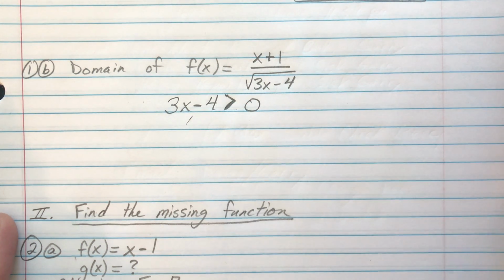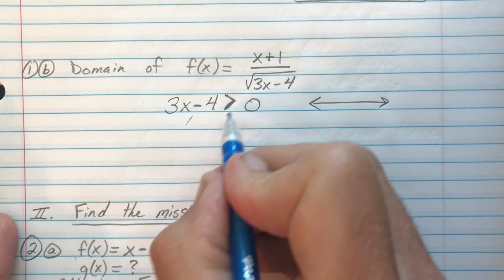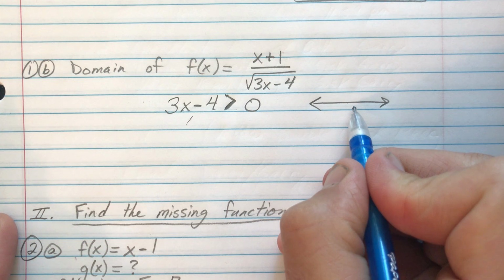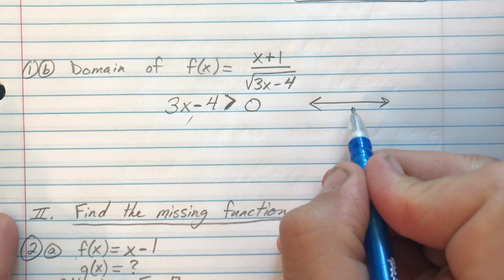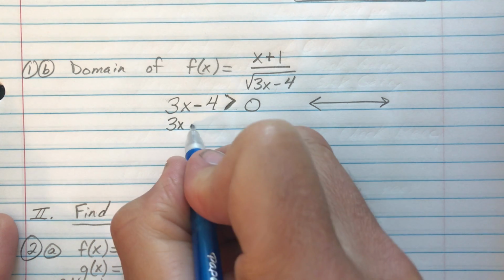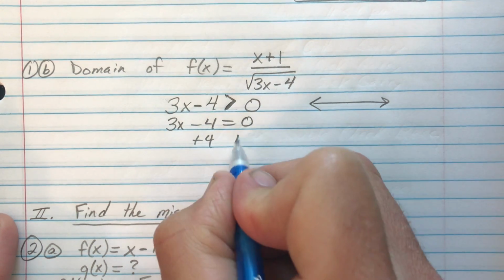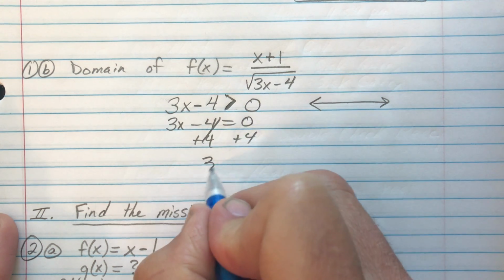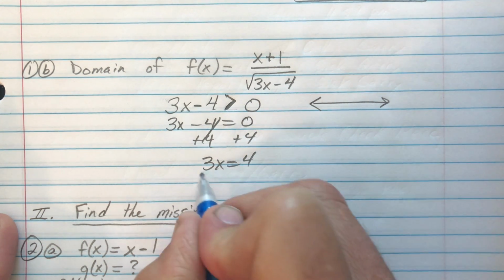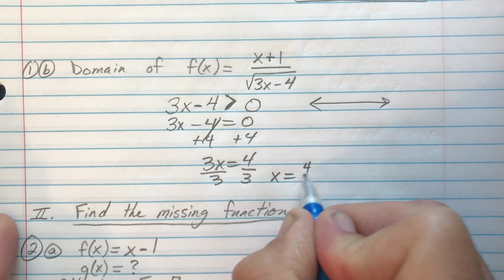So to solve an inequality, you build a number line. And on this number line, we're going to put the important or critical numbers. To do that, you change your inequality to an equation, 3x minus 4 equals 0, and you solve. Add 4, divide by 3, x equals 4/3.